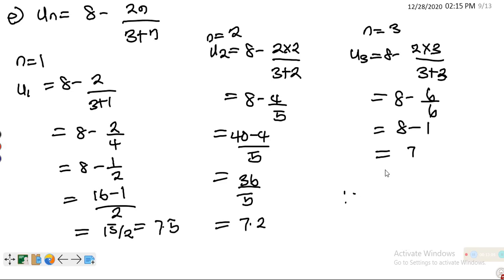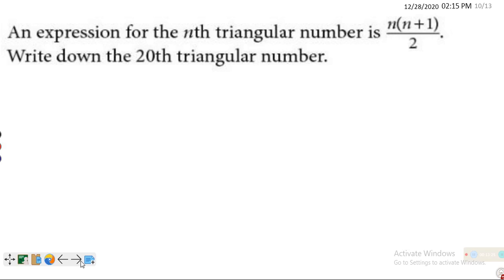Therefore the first three terms of that sequence are 7.5, 7.2 and 7.0. So this is how to find any term of a sequence given the nth term.